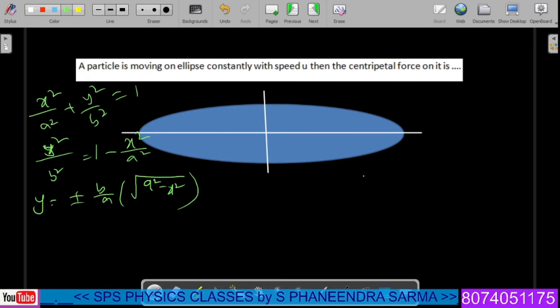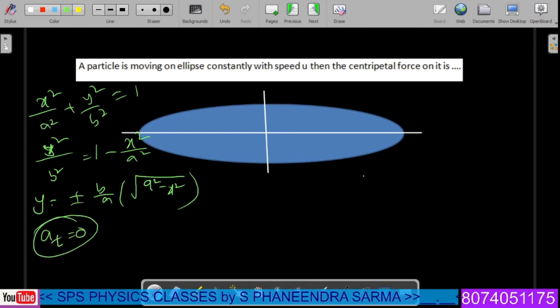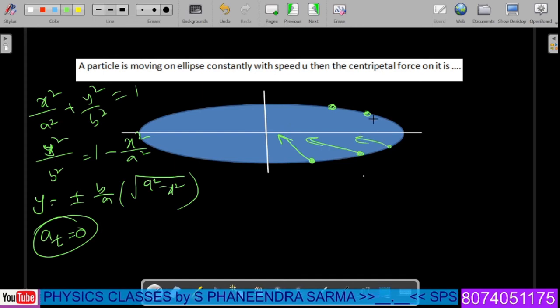Now, as the object is moving uniformly, we can consider the tangential acceleration to be 0 in this problem. You can take any position, like this or like this. There is always some acceleration towards the center, the origin. That means at different positions, the system has different perpendicular distances, as they are changing.